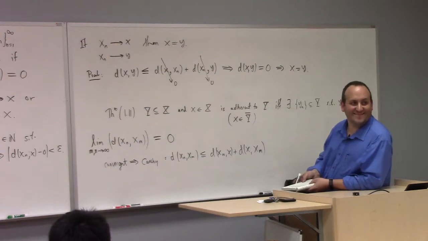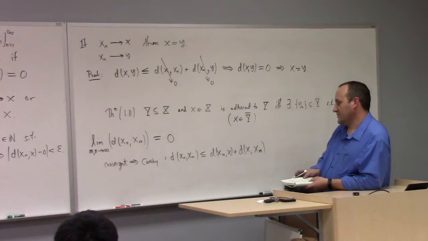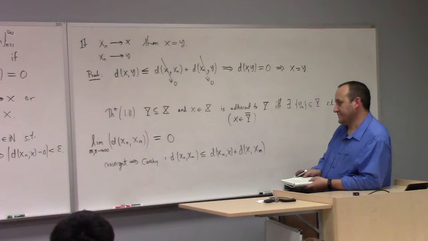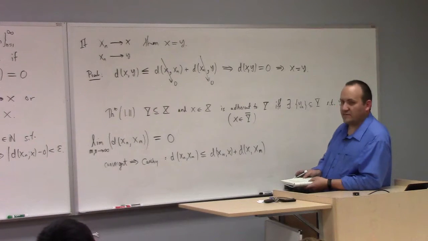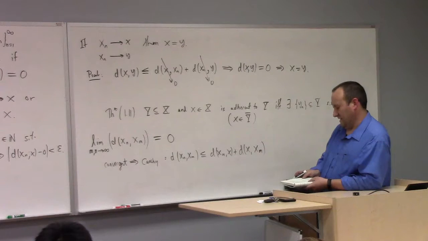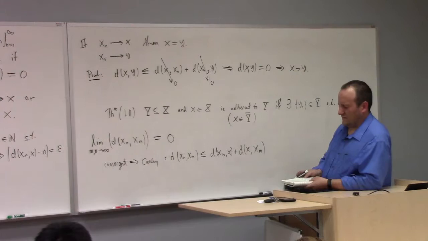Sure. He doesn't say. But yeah, I think nested limit is where I would start. I would say it means that for every epsilon greater than 0, there exist big M and big N such that whenever both m is bigger than big M and n is bigger than big N, it follows that the absolute value of the distance from xn to xm minus 0 is less than epsilon.